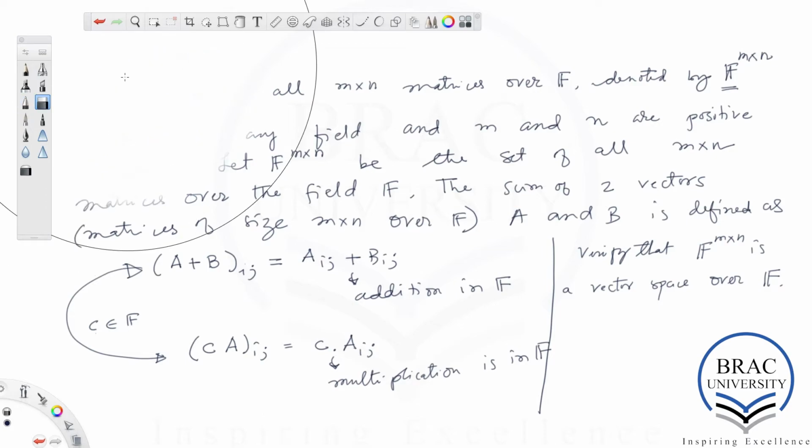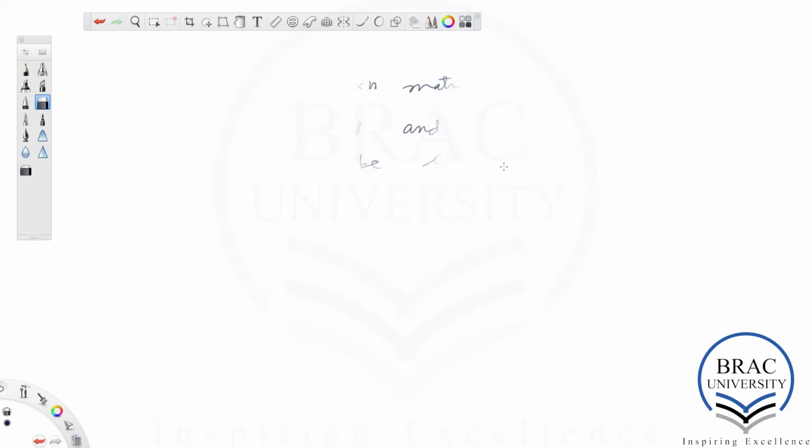Okay, now the third example is that of a function space.